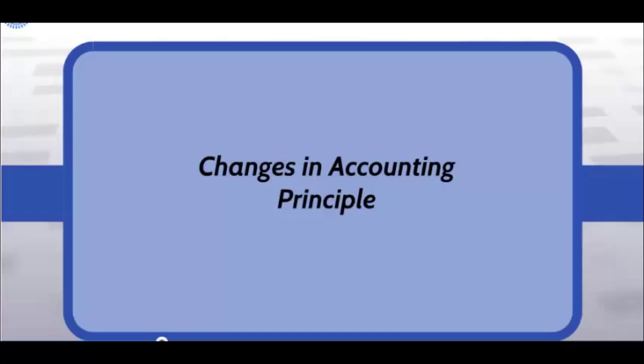So you're going to have to redo all of the prior years' financials, or at least the prior years' income statements, on the same basis as what you're wanting to adopt. So if you're changing from LIFO to FIFO, you're going to have to go back and, if it's been 10 years and you've been doing LIFO, redo all those 10 years' statements to reflect the new FIFO, what you're wanting to change it to.